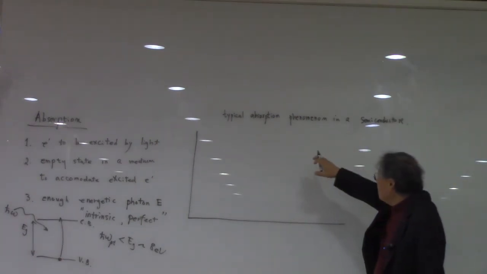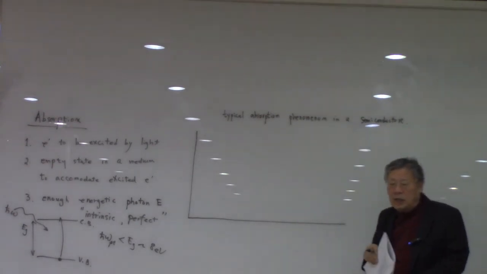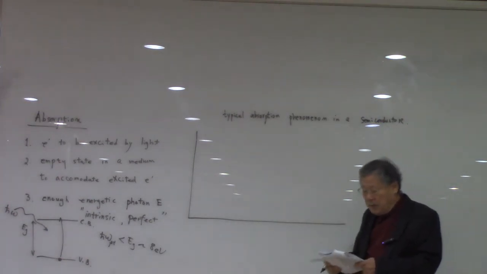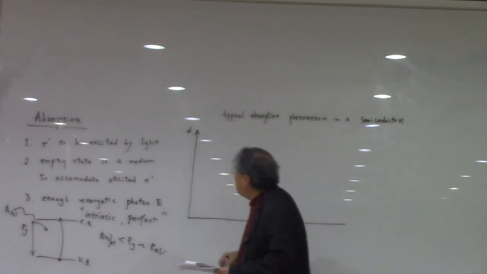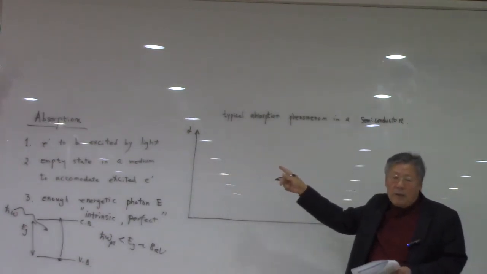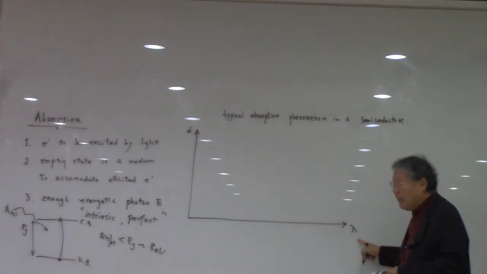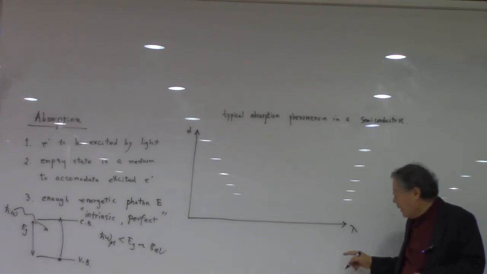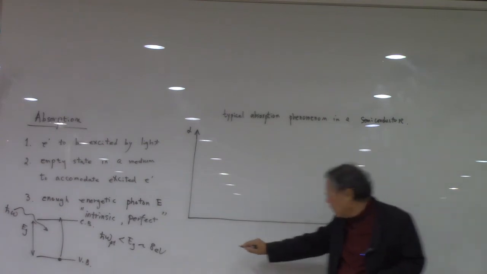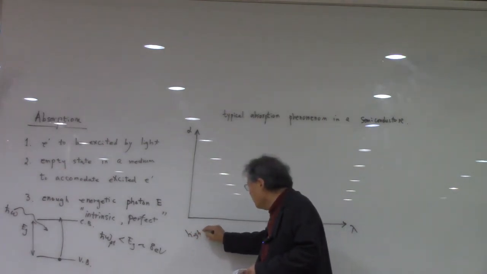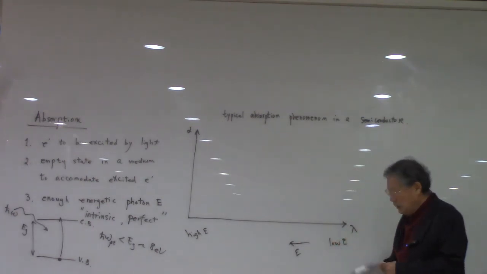So if you want to talk about the absorption phenomenon in a solid, the solid should be a semiconductor. And then this is the absorption constant alpha. And we know that alpha can be measured experimentally. And if this is lambda, the wavelength of the light, so that the energy goes in this direction, this is the high energy of the light, and this is the low energy of the light.